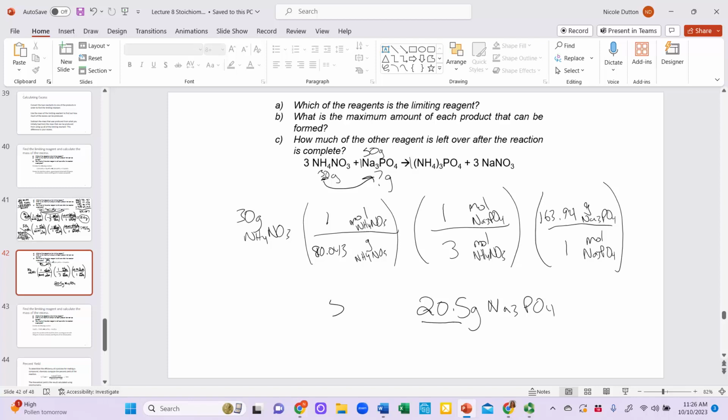So 50 grams minus what we just calculated will give us how much excess? 50 minus 20.5 gives us 29.5 grams excess.